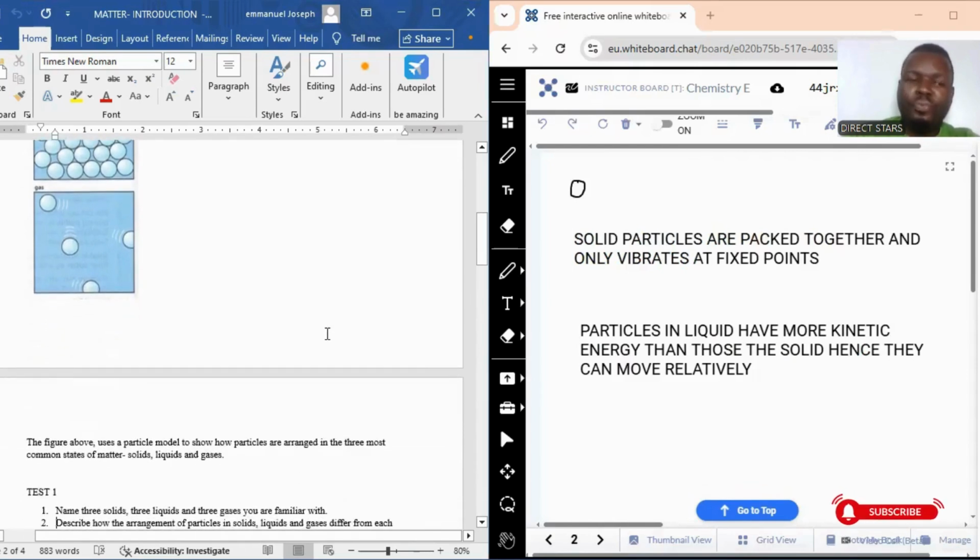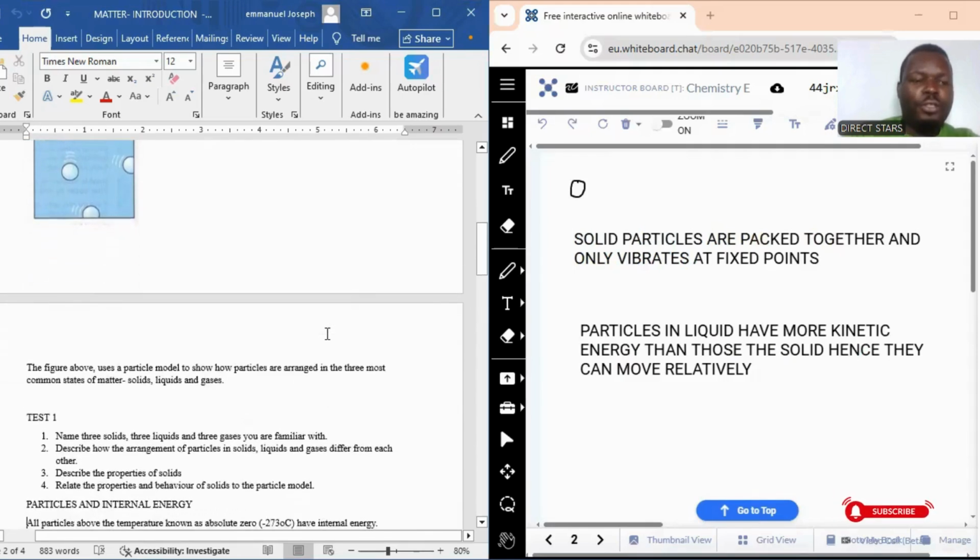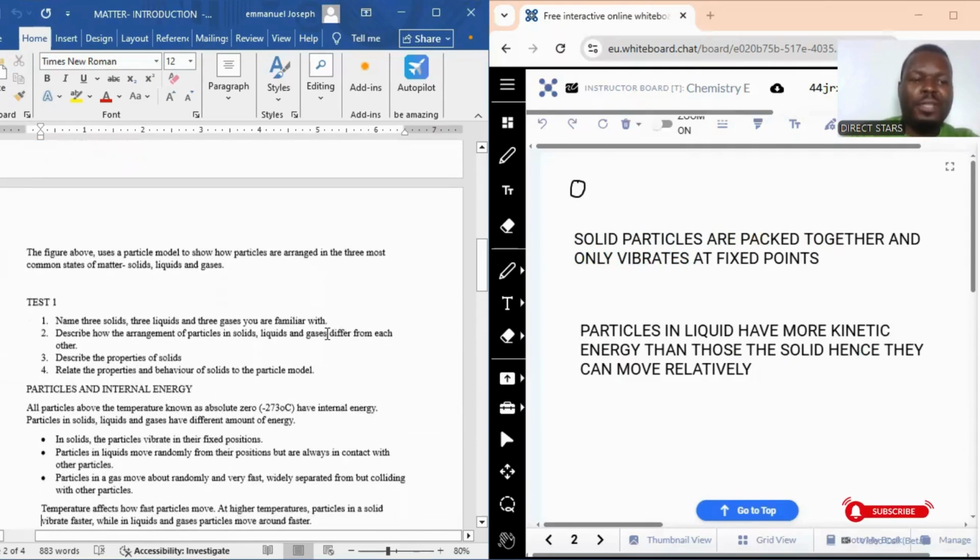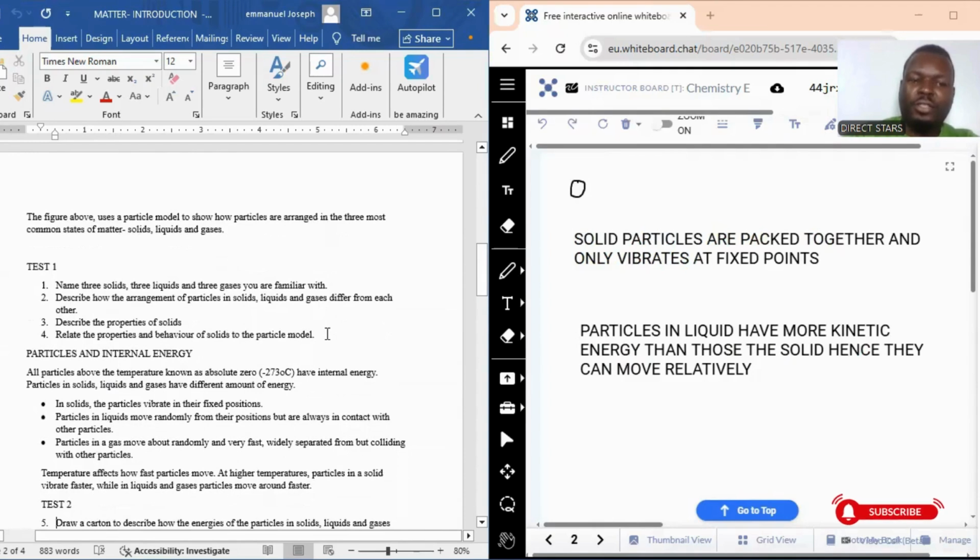I will want us to go through this once again. In solid, the particles vibrate in fixed position, while particles in liquid can move randomly from their position, but they are also always in contact with other particles.